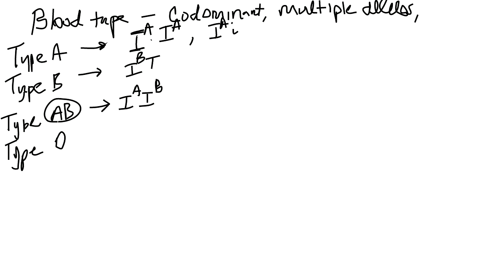Same thing with type B. They can be IB, IB, or they can be IB and have this other allele that's recessive, that I'm going to represent with lowercase i. What does type O mean? O means the absence of A or B, right? You don't have any of those antigens on your red blood cell. The only way to be type O is to have 2 copies of this recessive, essentially non-functioning allele. It doesn't make an antigen on the type O blood cell.